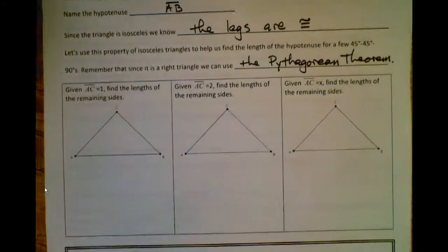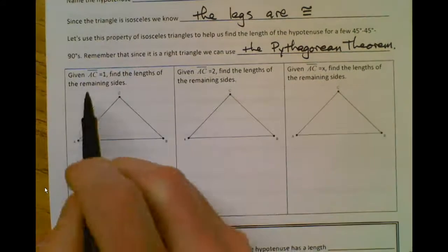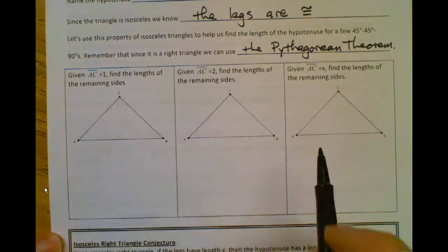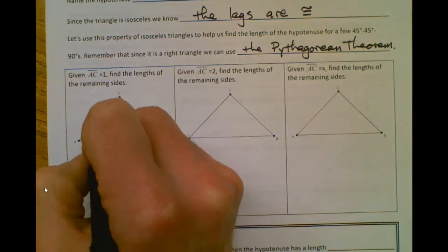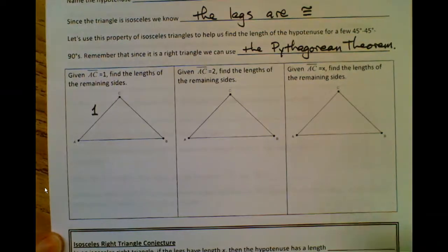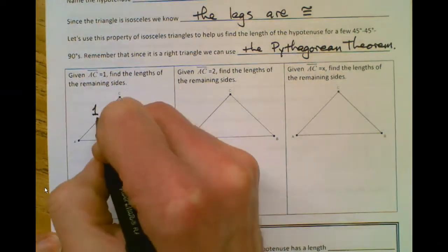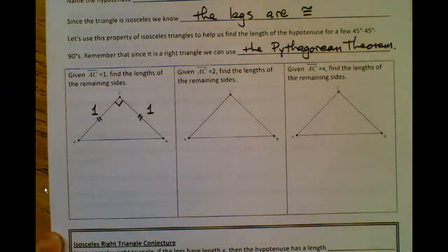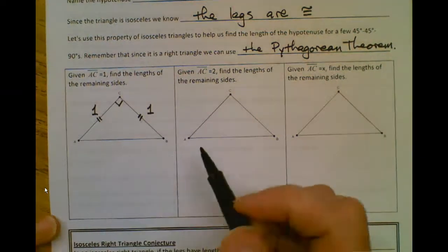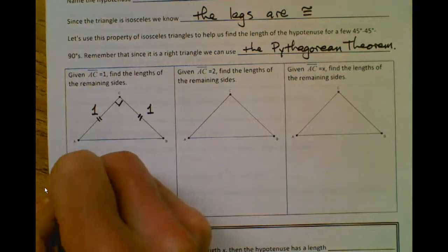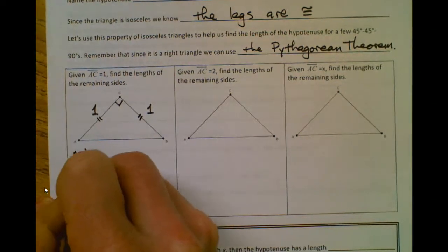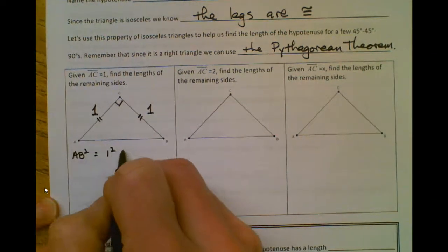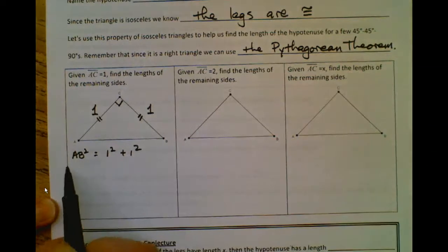Alright, moving on to our first example here. Let's say side AC is 1. We want to find the lengths of the remaining sides. So if we know that AC is 1, since this is an isosceles right triangle, we know that these two sides are going to be congruent, so this leg will also be 1. And now we want to find the length of AB. So let's use our Pythagorean theorem. We know that AB squared is equal to 1 squared plus 1 squared.